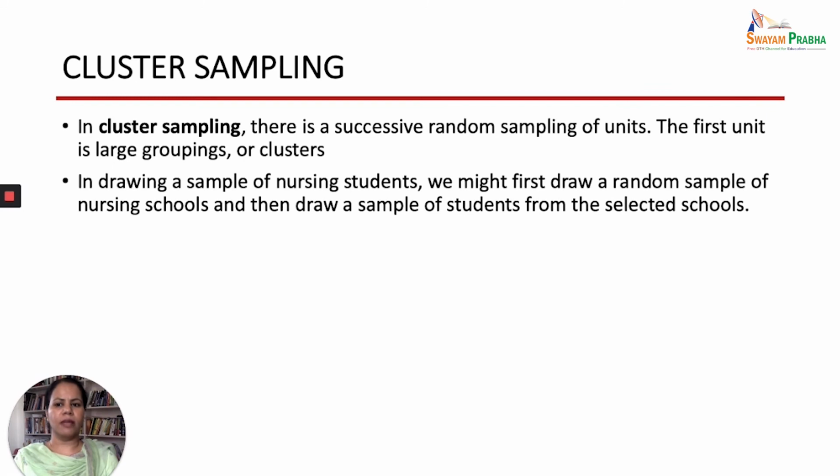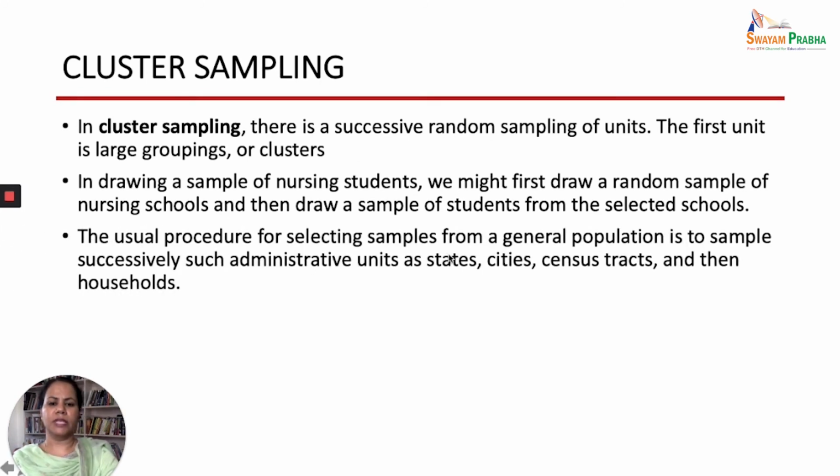At the first level you will be selecting the nursing schools randomly out of the sampling frame of nursing schools, and then for the selected nursing schools, you will make the list of students studying in those schools, and then randomly from each nursing school you will select the students. So this becomes easy when you have a very big population that is widely distributed in a bigger geographical area.